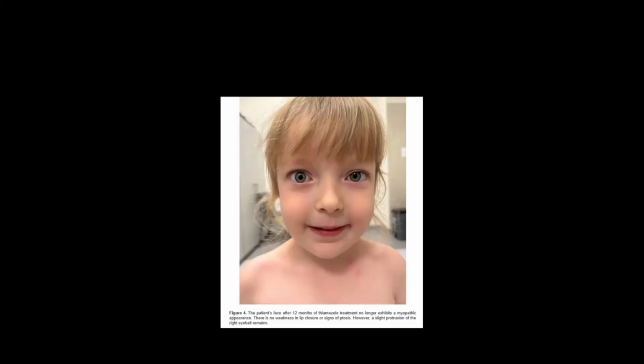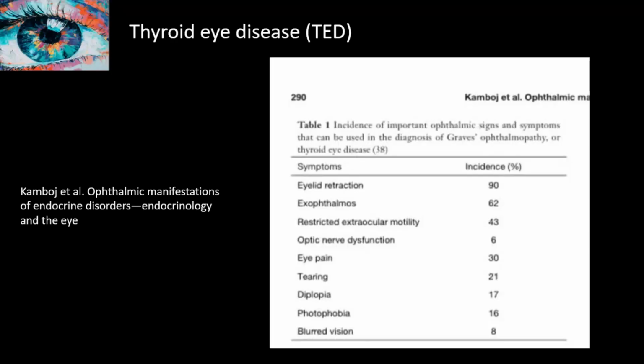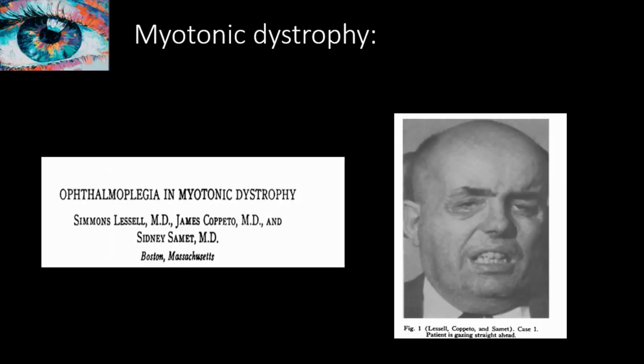So finally it turned out to be thyroid related eye disease, which was mimicking myasthenia. She was treated for the thyroid pathology. Ptosis went away. So this is a case of thyroid related eye disease. The most common ocular manifestation in thyroid related eye disease is eyelid retraction and exophthalmos. This everyone knows, I had discussed.